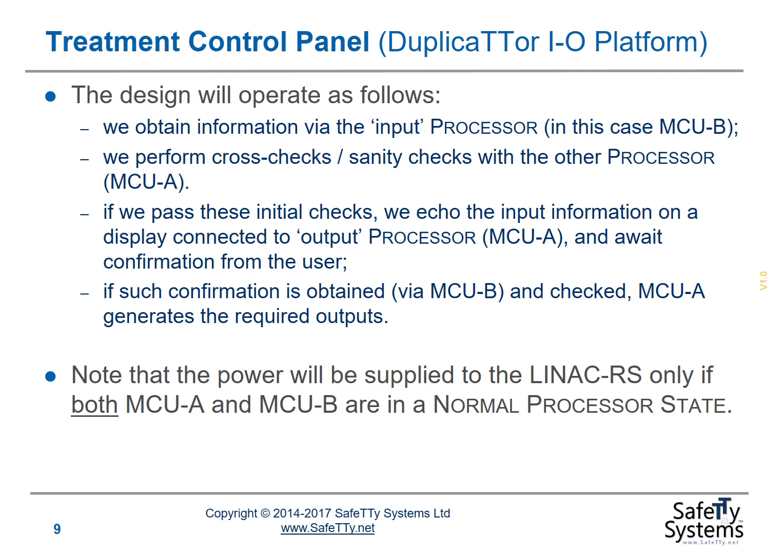If such confirmation is obtained via MCU-B and checked, MCU-A generates the required outputs. Please note that power will be supplied to the LINAC radiation source only if both MCU-A and MCU-B are in the normal processor state.